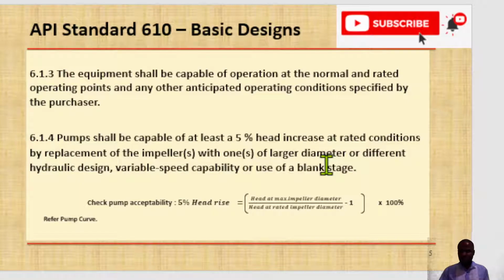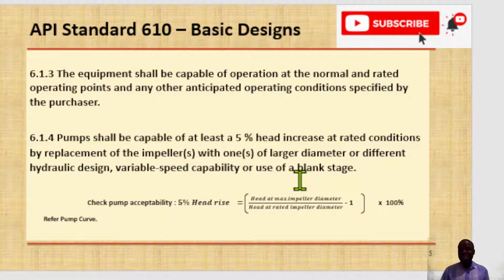On the other hand, if you put those values, 179 over 128 minus 1, all in brackets, times 100%, and you get a value less than 5%, you are going to comment on the mechanical data sheet the vendor has supplied that they should please review, because this pump is not meeting clause 6.1.4 for a 5% head increase as specified in API standard 610.